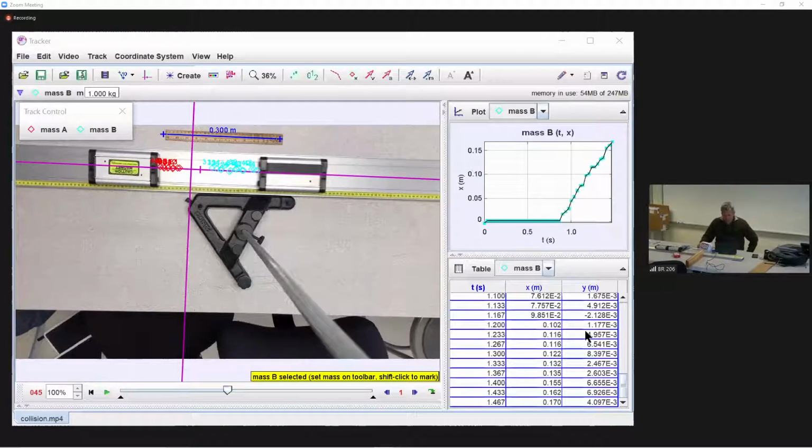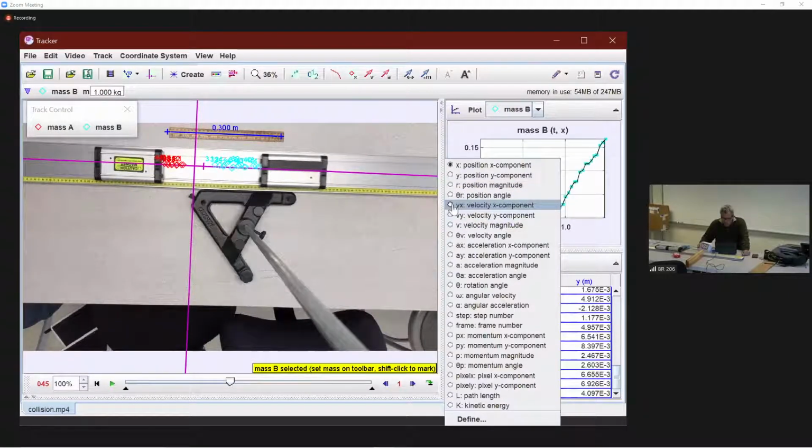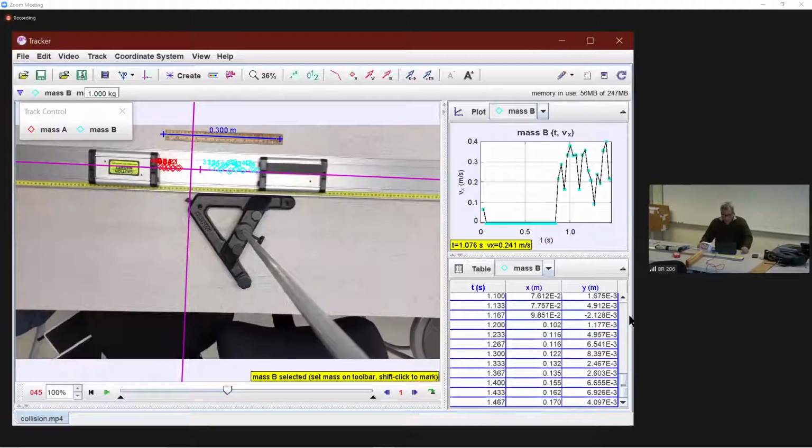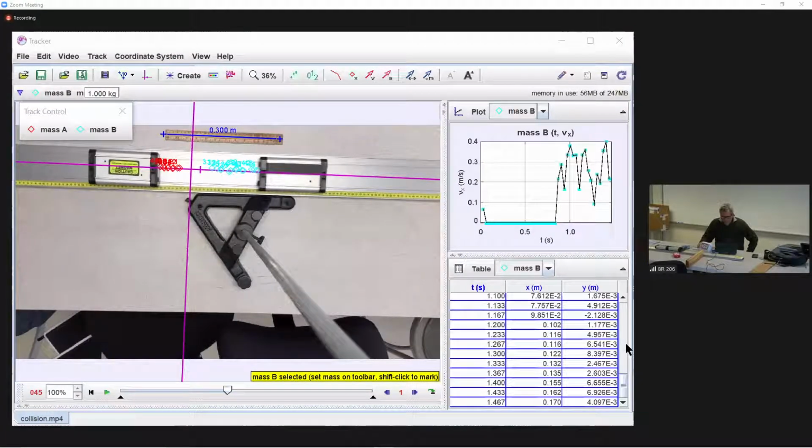Let's change this to velocity in the x direction. Let's go to Analyze, and clearly the velocity is 0 before the collision. Then after the collision, if I select all these points, I get an average velocity. The middle column, Vx, is measuring the velocity.